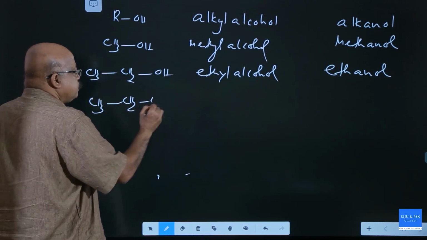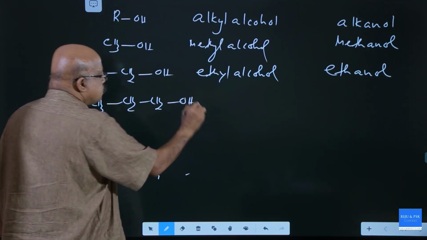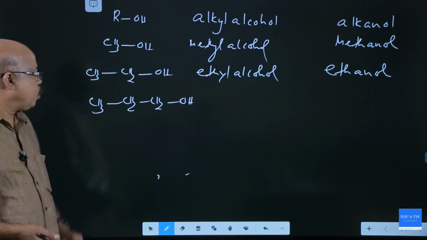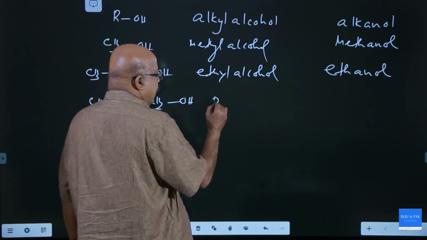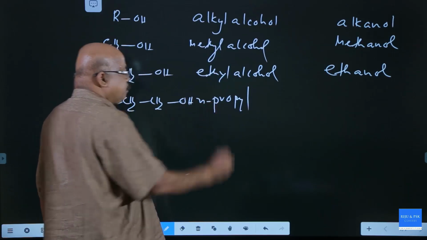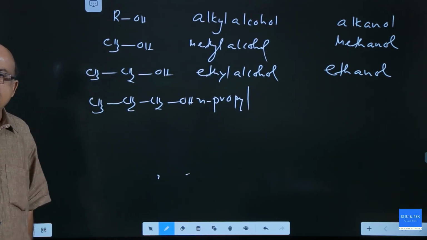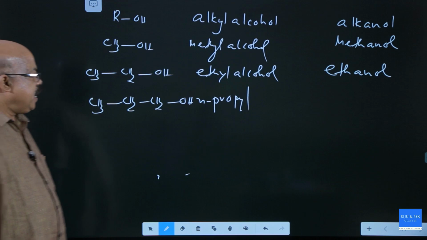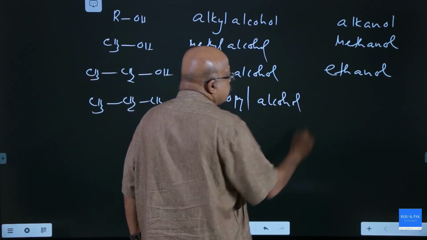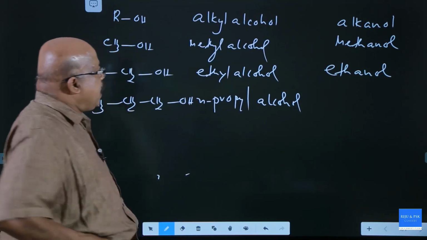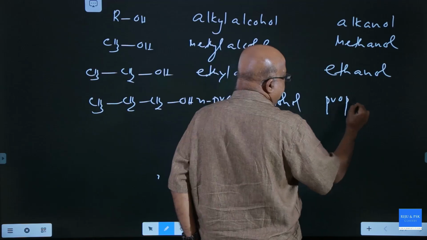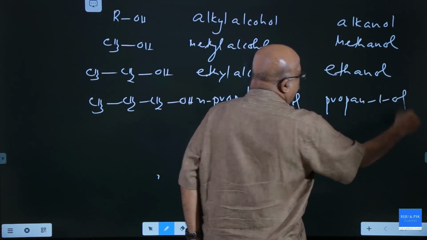Next, CH3CH2CH2OH, 3 carbon atoms are there. The alkyl group is propyl, more correctly n-propyl, because hydrogen atom is taken away from the primary carbon. Its common name is n-propyl alcohol. Its IUPAC name, propan-1-ol.